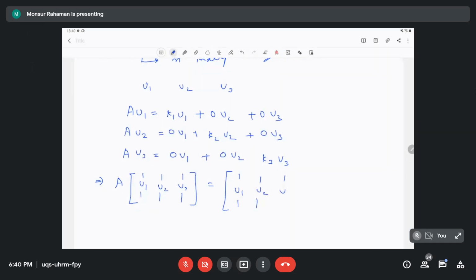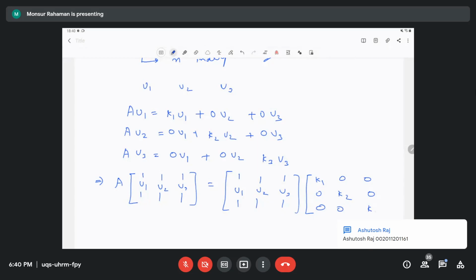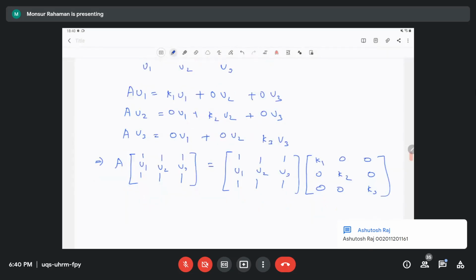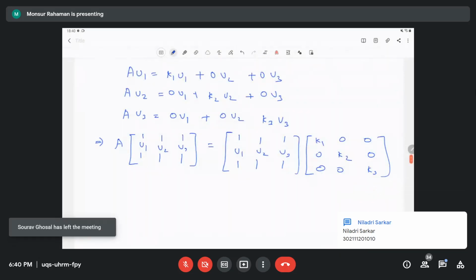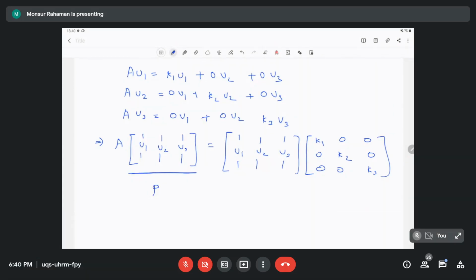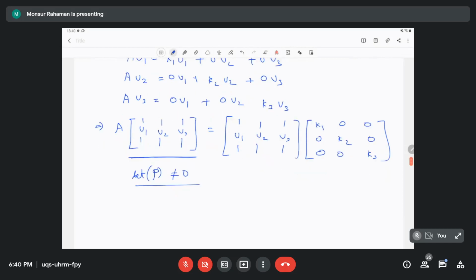So this is v1, v2, v3, times the matrix with k1, k2, k3 on the diagonal and 0 elsewhere. This is our P. P is a 3 by 3 matrix, and every column is independent, so obviously the determinant of P has to be not equal to 0. This is a non-singular matrix.